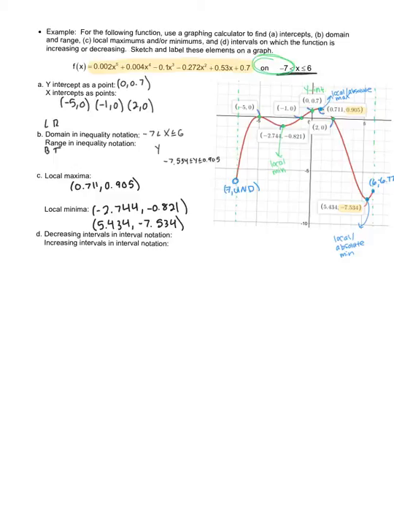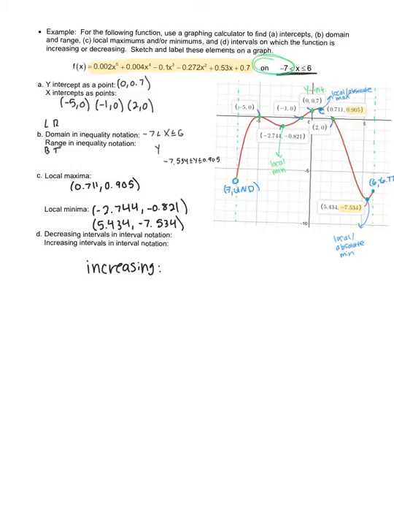Okay, the intervals of increasing and decreasing are like the hardest parts to list out. We're going to list them in interval notation because they are intervals. So increasing, I'm looking for places where if I read the graph from left to right, it's going up. So I'm going to go from point to point, okay? So I'm going to start at that open circle at the bottom, the negative 7 undefined.